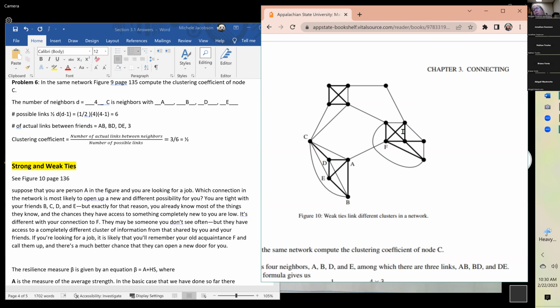And so by having those weak relationships, it's just someone you didn't see, but has a strong connection somewhere else that you can share ideas with or find a job. Any questions on that?